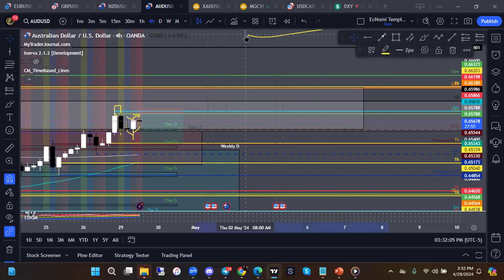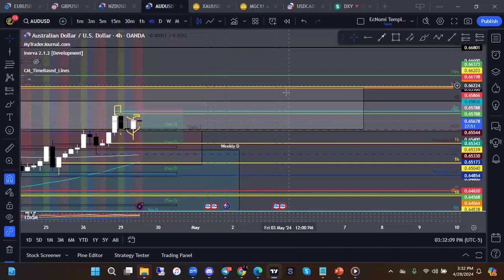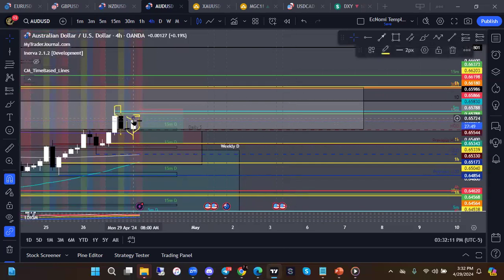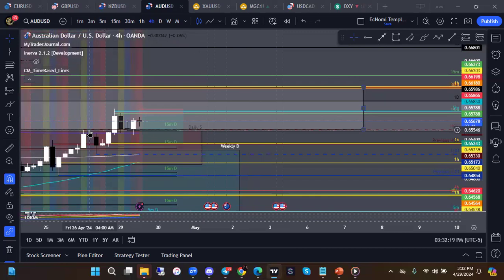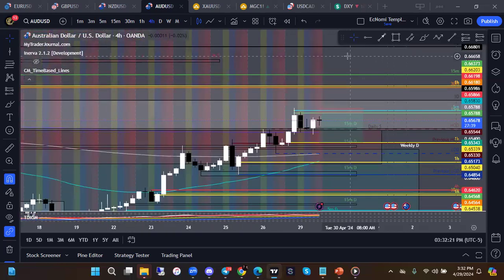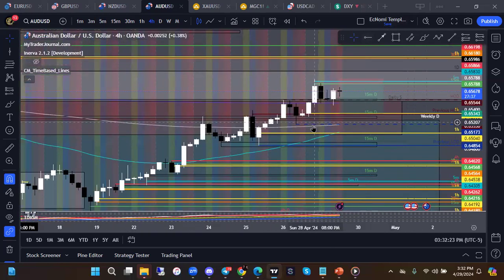Oh, it's because I kept drawing it on top of each other. Okay, let's get rid of these. Okay. So now these are much clearer structure points right here. Can you see those clearly now?